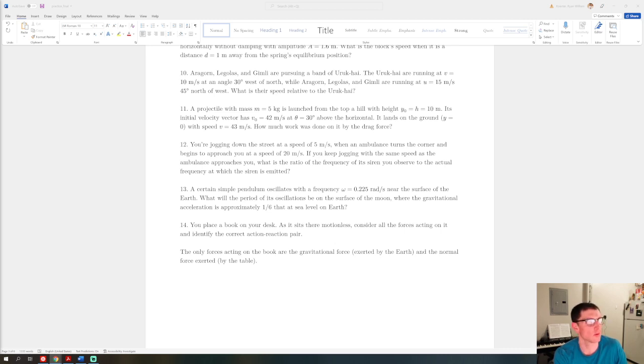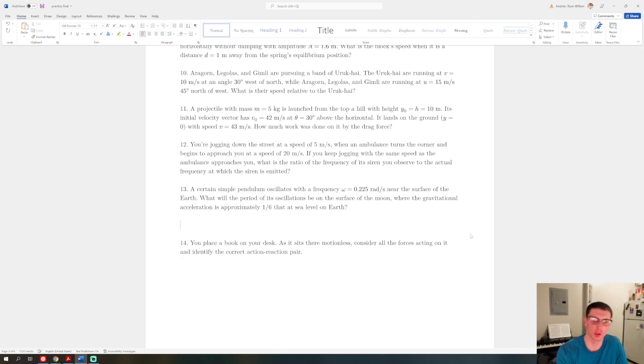The frequency of a simple pendulum. Yeah, it's the square root of g over L, right?